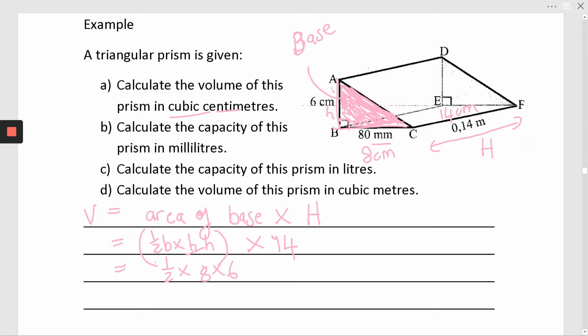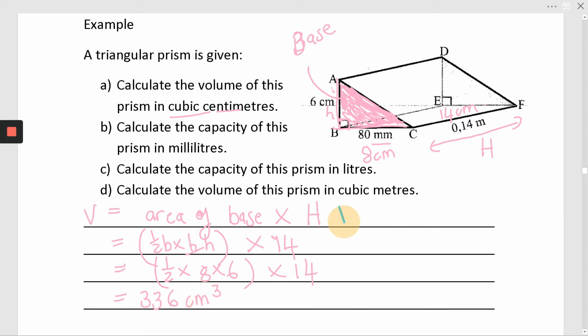So one of them's the base and one of them's the height. And because we're multiplying, it doesn't really matter what order in which we do it. All of those multiply together, and I'm going to get 336 cubic centimeters.